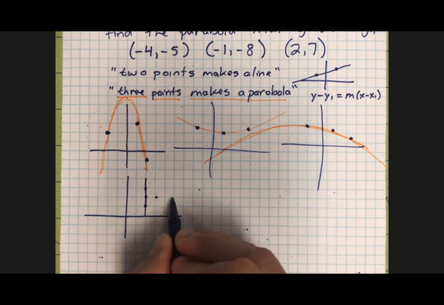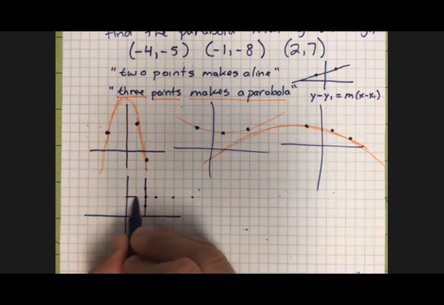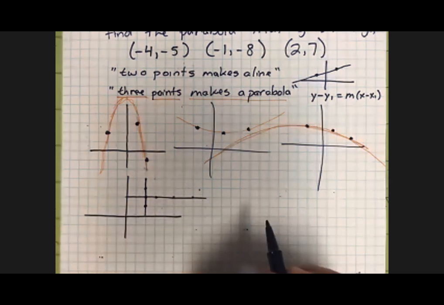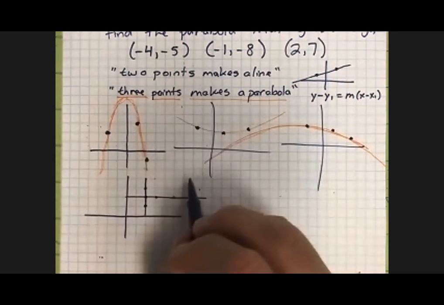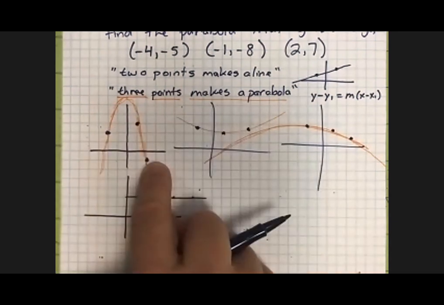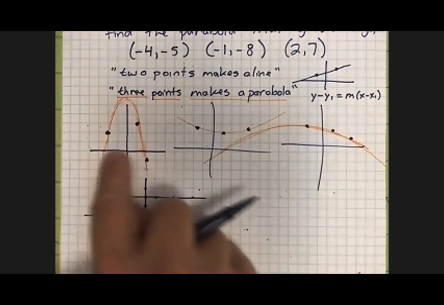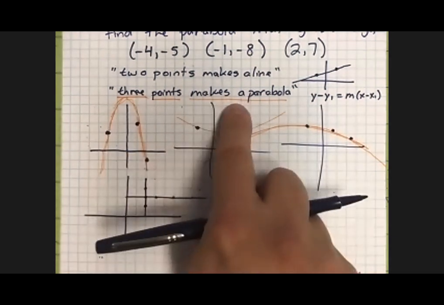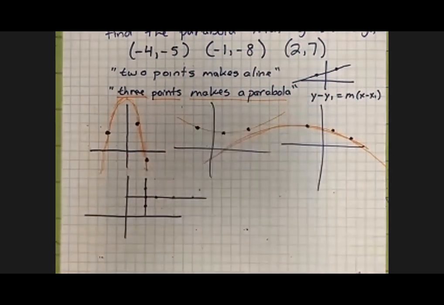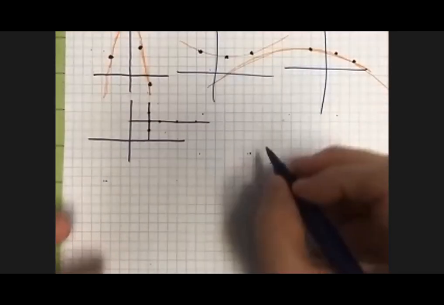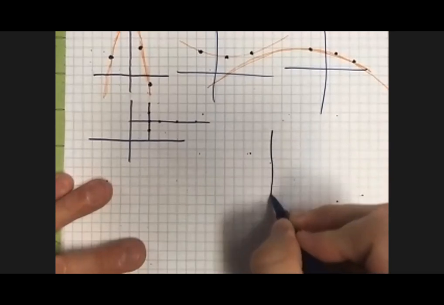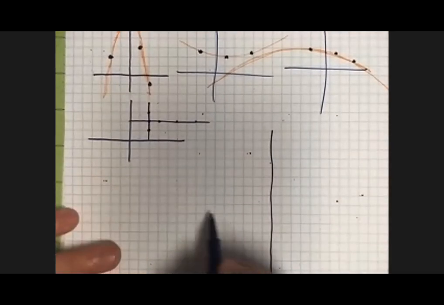So if you pick 3 points that lie on the same line, I'm not going to call that a parabola. But if you pick 3 points that don't lie on the same line, 3 different points, different locations, then you automatically get a parabola. And this requires something we did earlier in the semester. So let's draw a picture, and then I'll show you how to do the calculation.